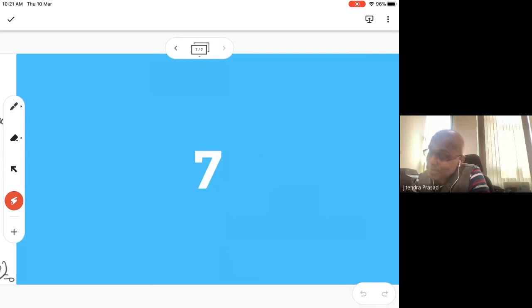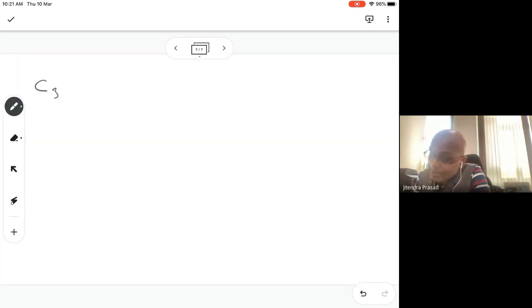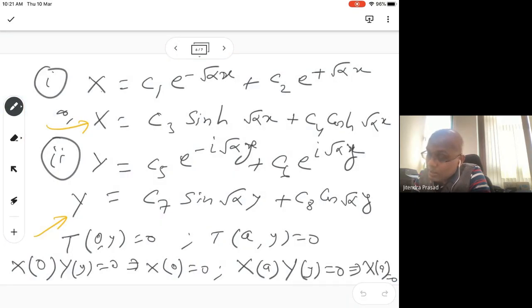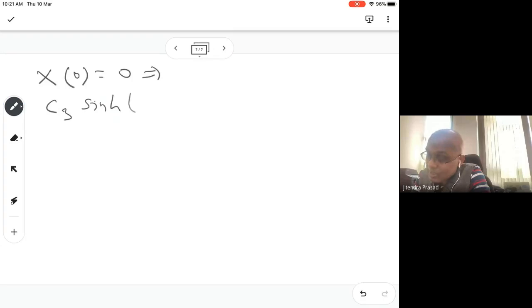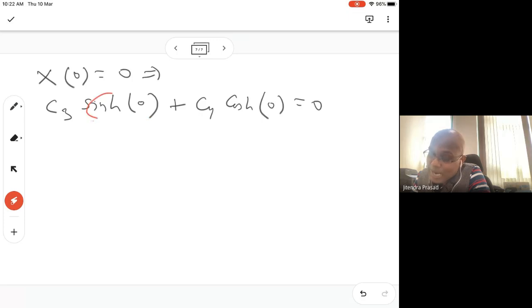That means simply that x0 equal to 0, so C3 sine h 0 plus C4 cos h 0 equal to 0. Hyperbolic sine at 0 is 0, so this term will be 0, but cos h 0 equal to 1, right?